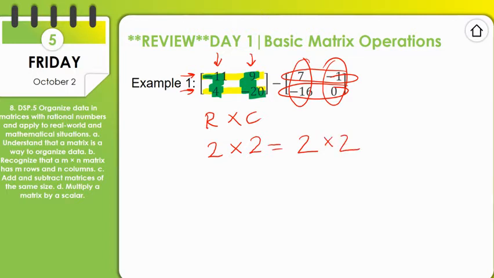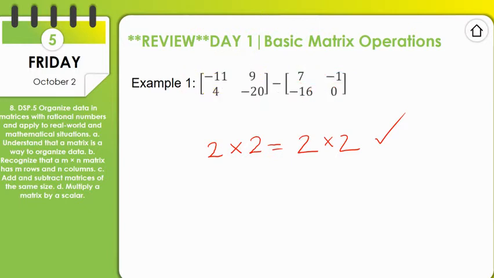If the dimensions are equal, we can subtract. If the dimensions are not, the answer is undefined. So here, we now line up the elements or the numbers inside the matrix. Negative 11 and positive 7 are the two values that we subtract first.